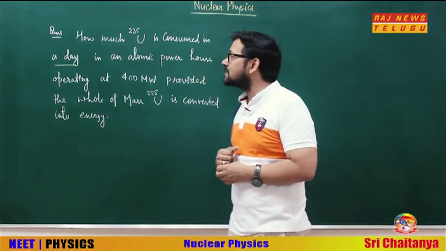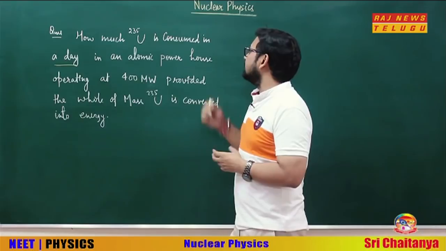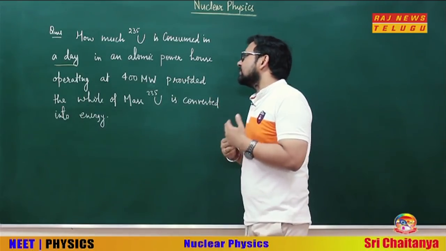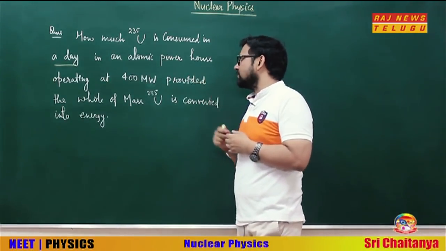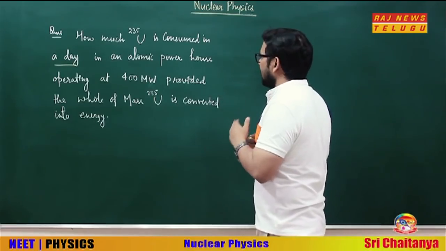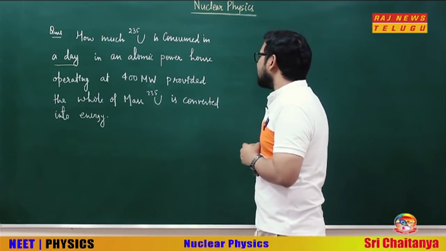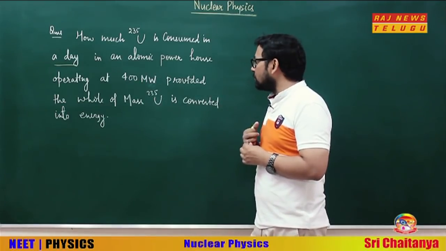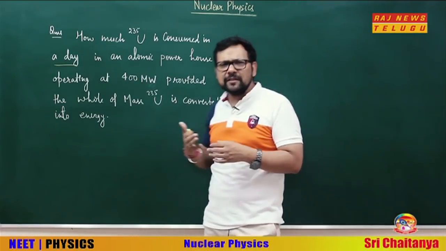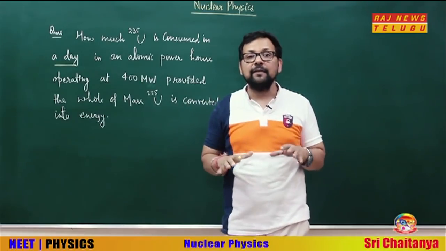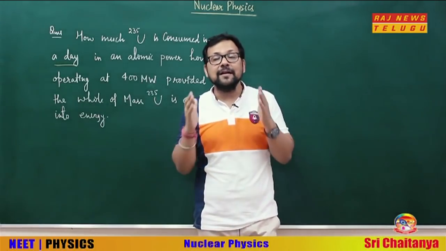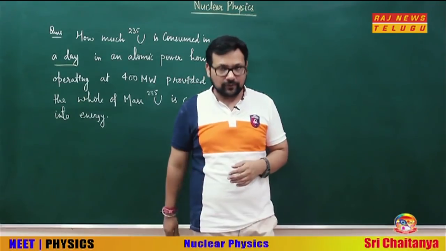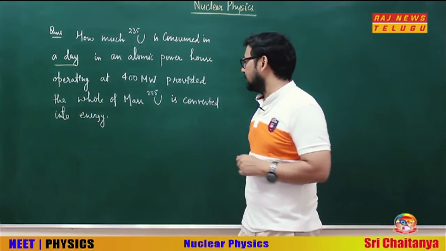See the question first. How much uranium-235 is consumed in a day? Time is given, that's why it's underlined. In an atomic powerhouse operating at 400 megawatt, provided the whole of the mass is converted into energy. Basically, we are here assuming 100% efficiency. Okay, although this is not ideal, still.